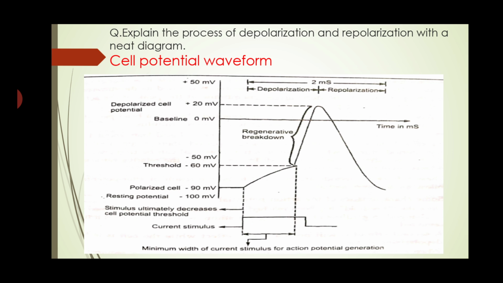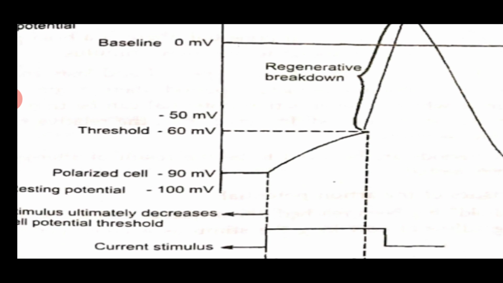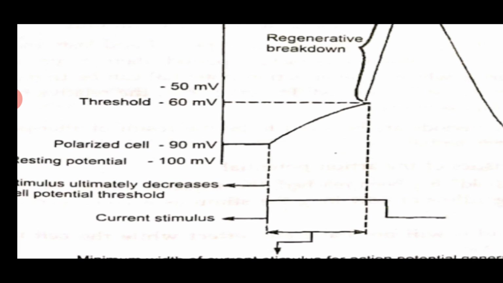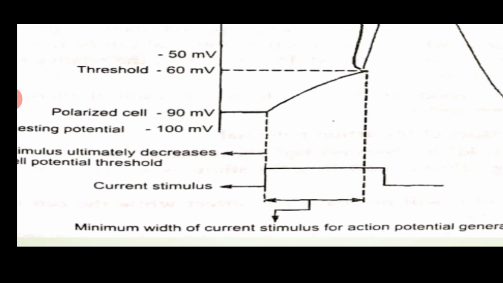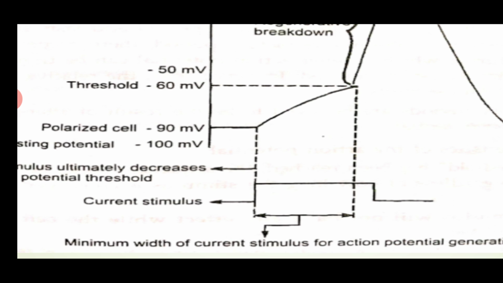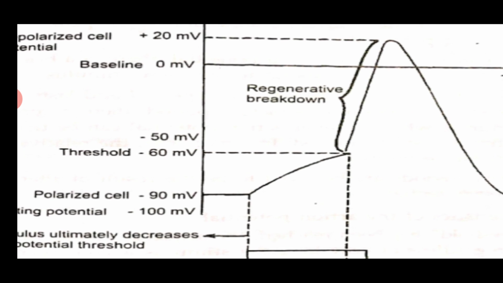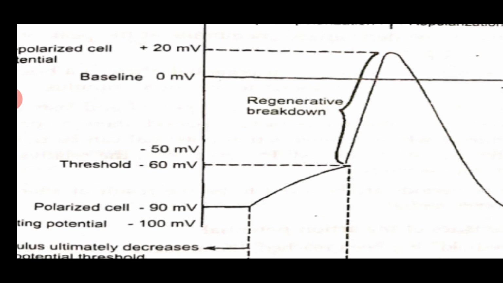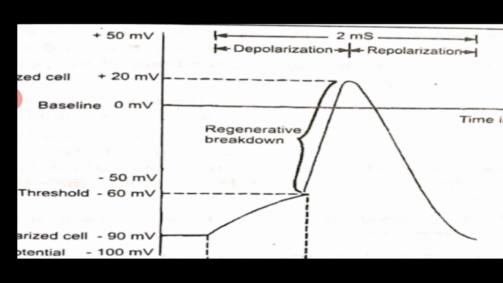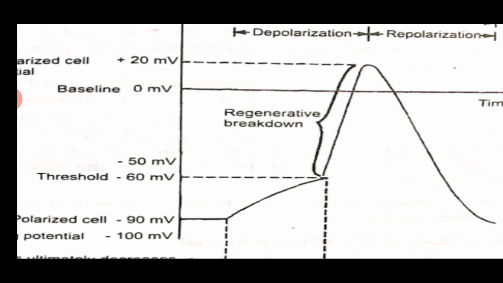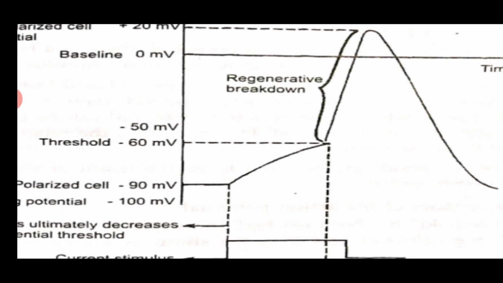Now we will see the cell potential waveform. Whenever you draw the waveform, you should draw it correctly. At the starting, you should show the resting potential here. Then you apply the current stimulation here. Once you apply the current stimulation, the potential across the cell goes on increasing, up to minus 60 millivolt.